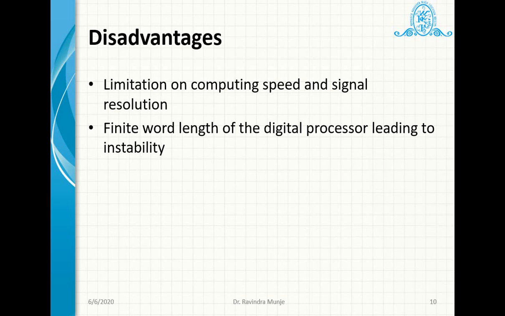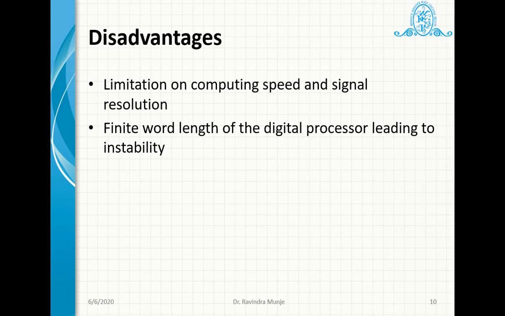So if we revise what we have covered in this lecture, we have seen different types of signals: continuous time signals, analog signals, quantized signals, then discrete time signals, sampled data signals, and digital signals. Then we have seen the block diagram of the sampled data control system.